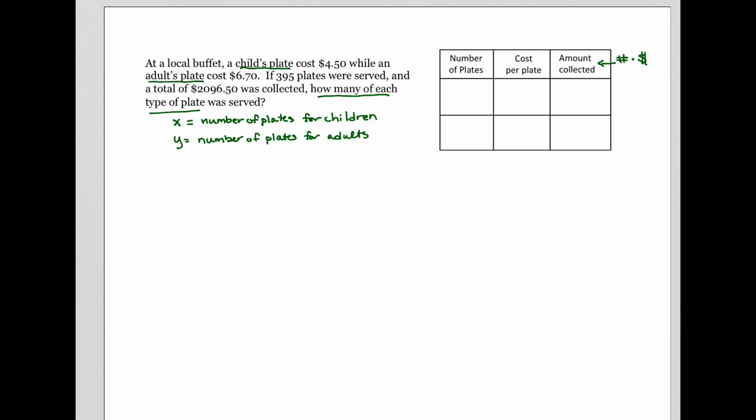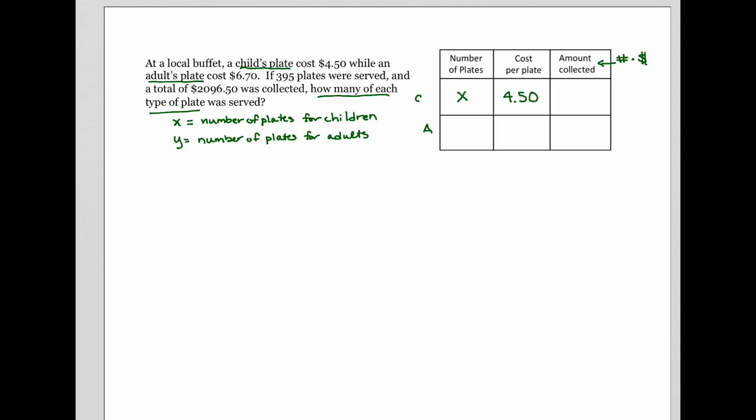So, first of all, the number of plates. Well, we actually have two different number of plates to consider. We have the children plates and we have the adult plates. How many children plates were we serving? Well, that was unknown, and we let that be represented by the value x. What is the cost per plate? The cost per child's plate was $4.50.